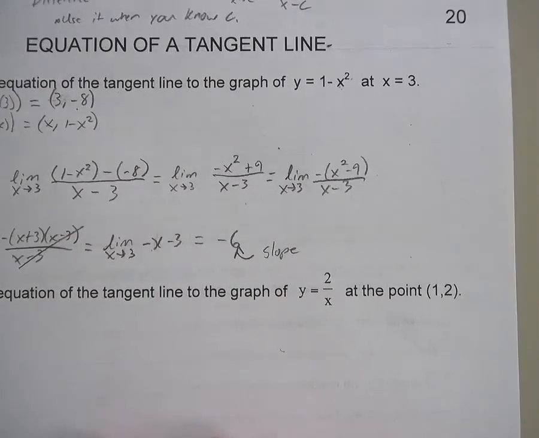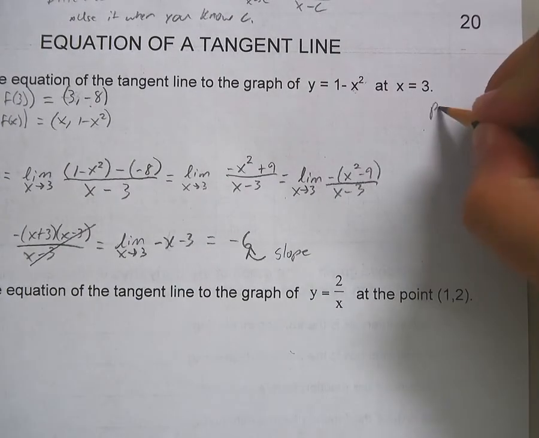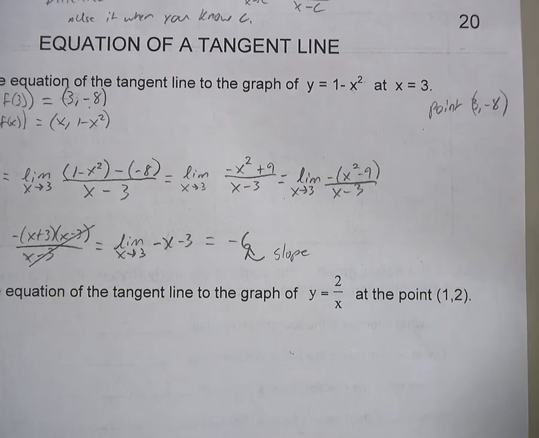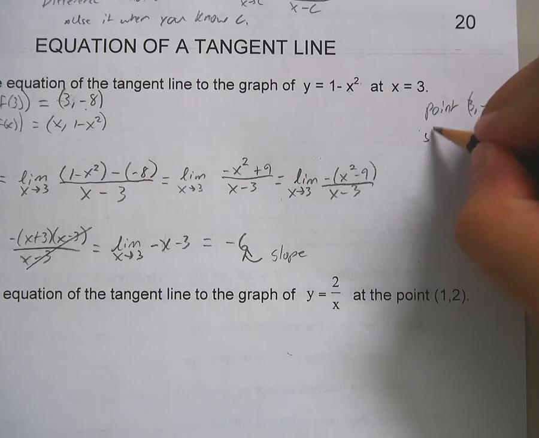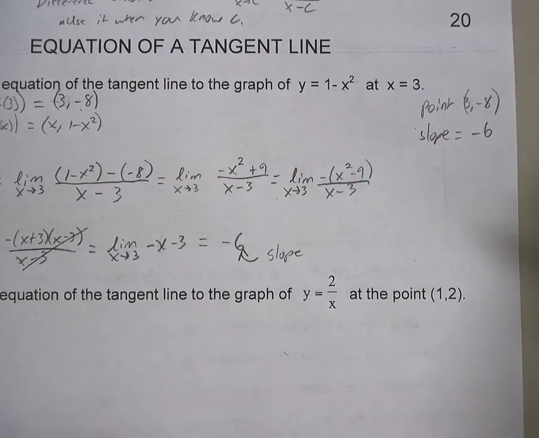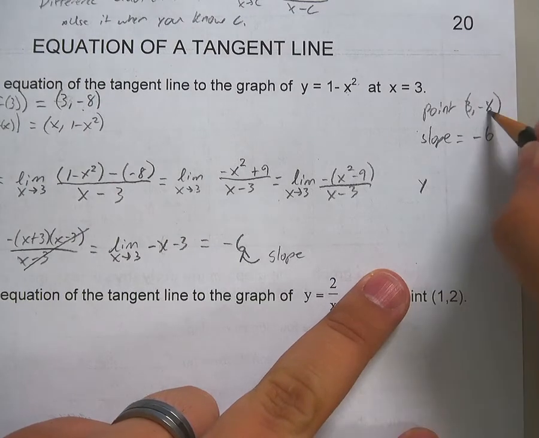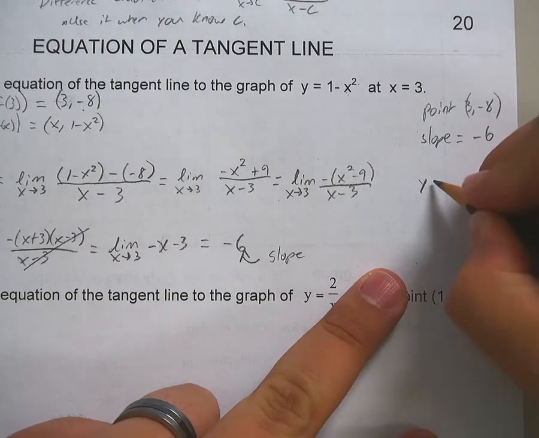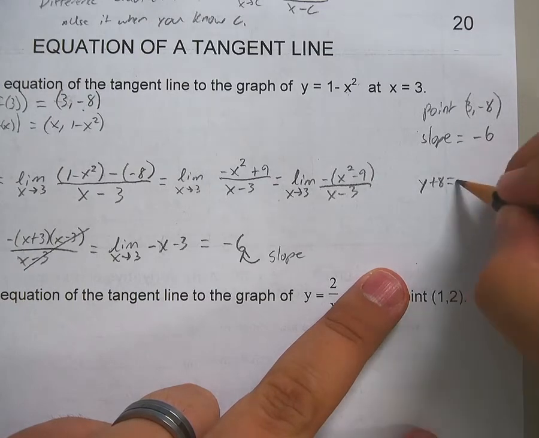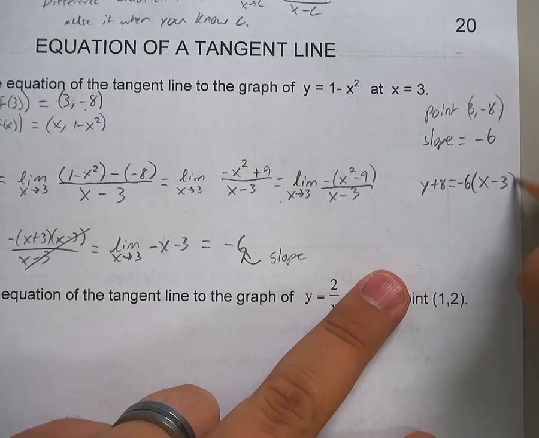So I've got some space over here on the right. I've got a point of 3 comma negative 8. I've got a slope of negative 6. So I'm just going to plug into my equation: y minus negative 8, which is plus 8, equals m, negative 6, times x minus x1, which is x minus 3.